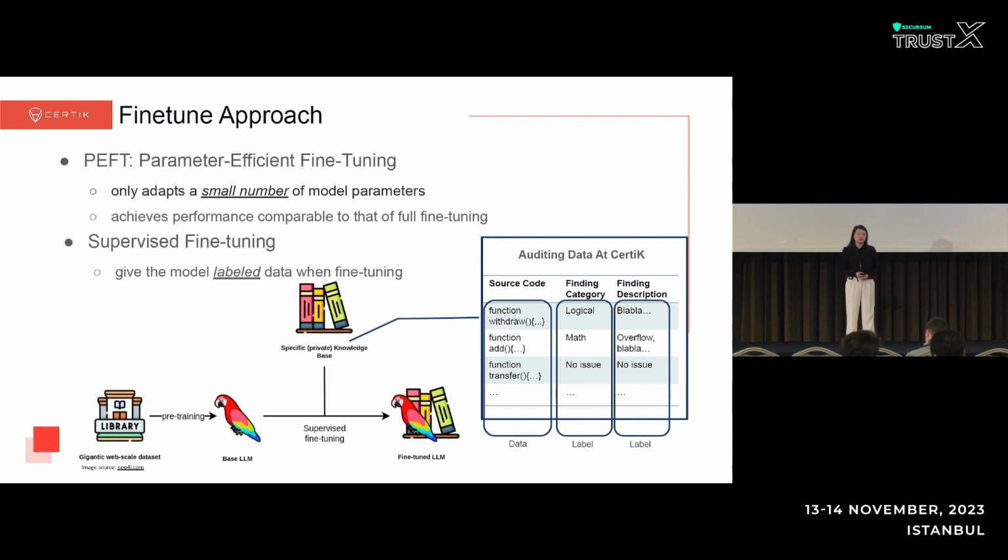From the diagram, you can see that we have data, and each piece of data is mapped and labeled with the finding categories and also some of the findings. By being given this data, the model itself can learn different patterns of vulnerability and also be able to predict what kind of vulnerability category it will fall into.